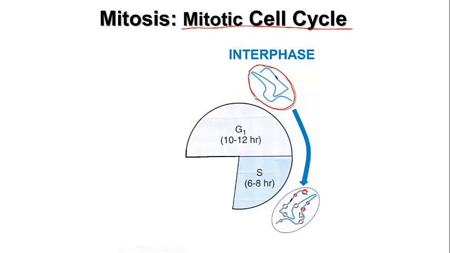In that process, we begin to create two 100% duplicates of what once was one single chromosome.